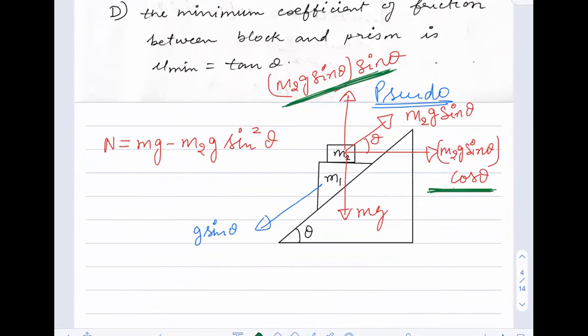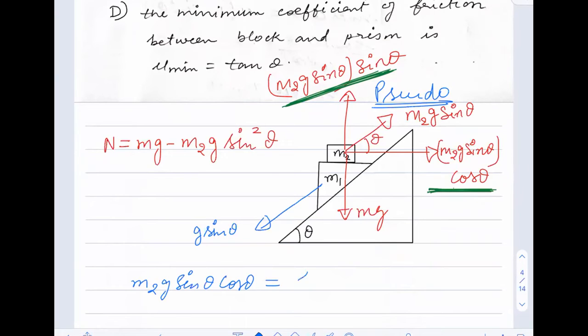So it will be the horizontal component that is responsible for the slipping condition. So m2 g sine theta cos theta is responsible for slipping. The slipping should not be there, so this has to be countered by the friction force.